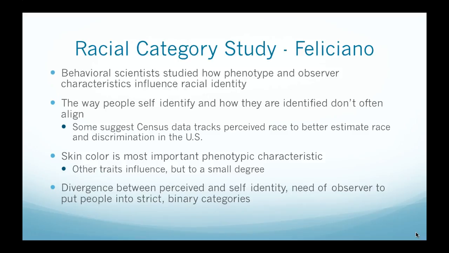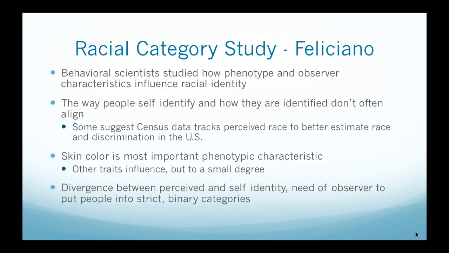But like we've said, this is a social or cultural construct. These things don't actually exist. So how someone identifies might be different than how a group of people or someone outside of themselves might identify them. And so this study looked at what is important.